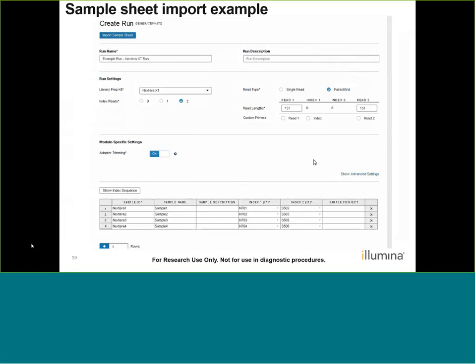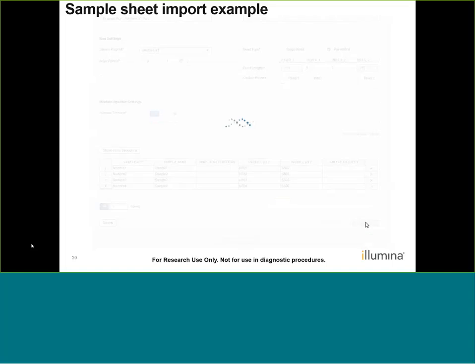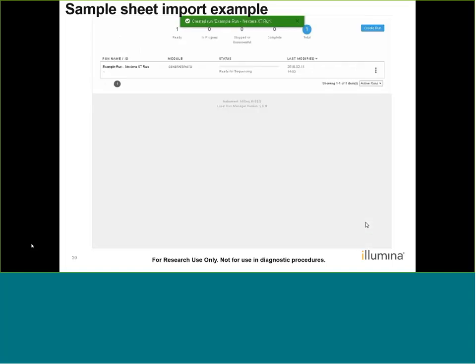You can see here our run name is populated as well as our read length, sample information, and index information. If everything is correct, we then click on Save Run, and we'll return to the dashboard where we can either set up the run in the control software or import data for off-instrument analysis, which we will show in just a little bit.